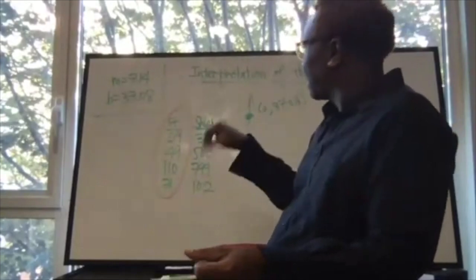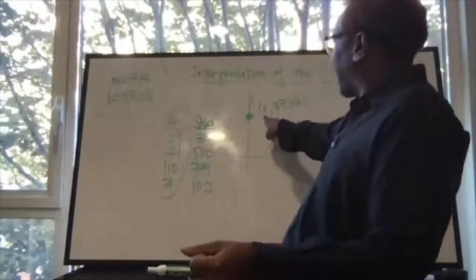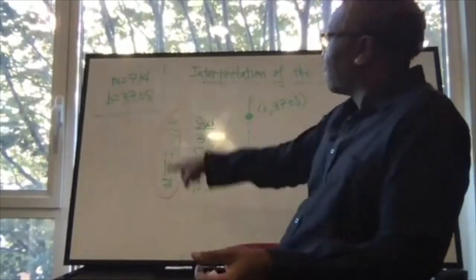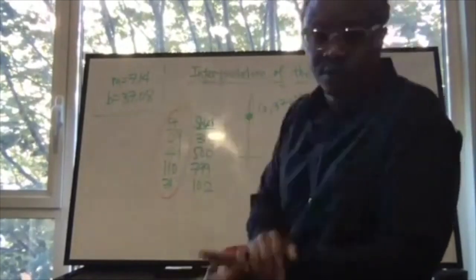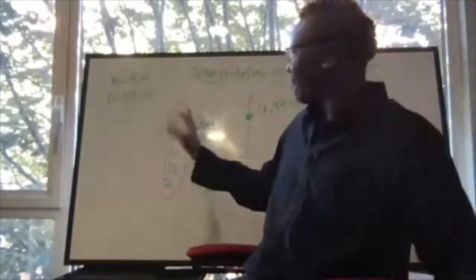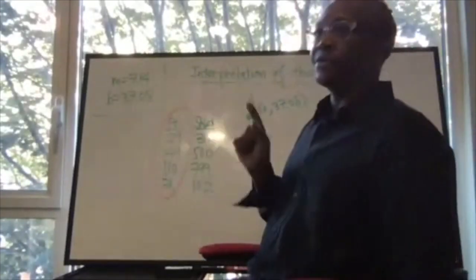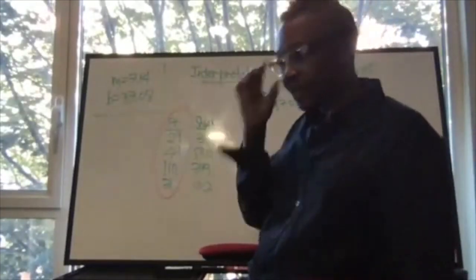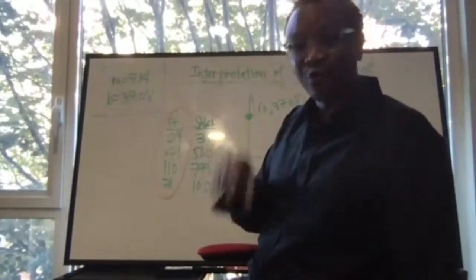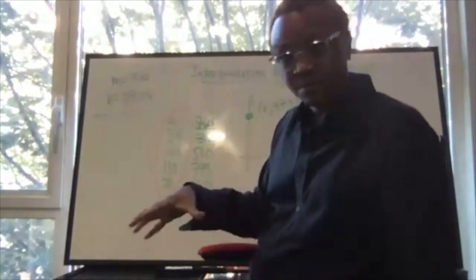So the first thing I have to do in this particular problem: true or false, this x value right here, 0, is in the range of our x data. True or false? False. Right? I haven't really done anything, but the first thing I have to do when I interpret the y-intercept is check to see if 0 is in the range of the x values.